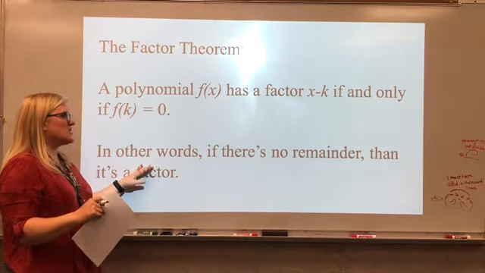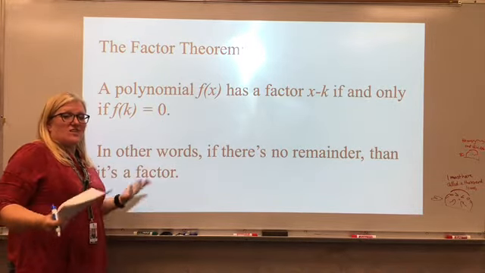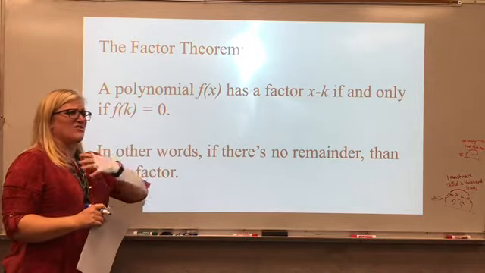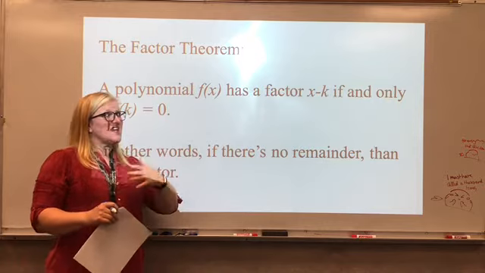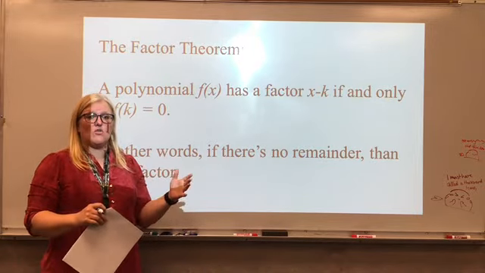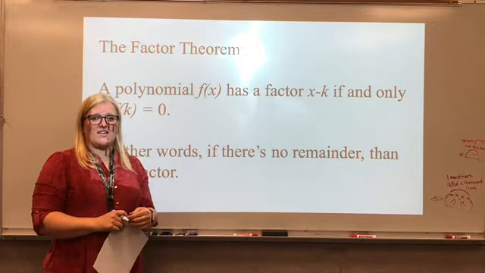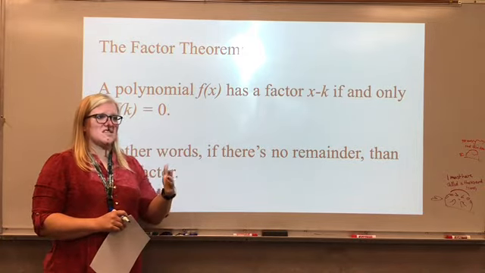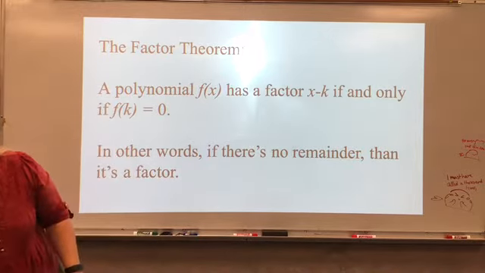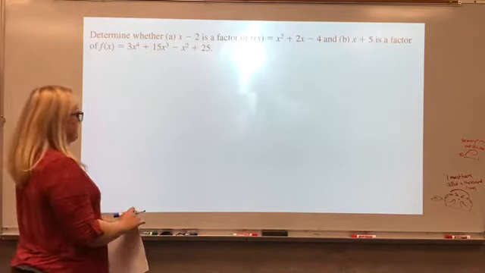In other words, if you divide it and there's no remainder, then it's a factor. Just like if I divide 24 by 6, I get 4, there's no remainder, so it's a factor. All right, so let's look at a couple of examples.